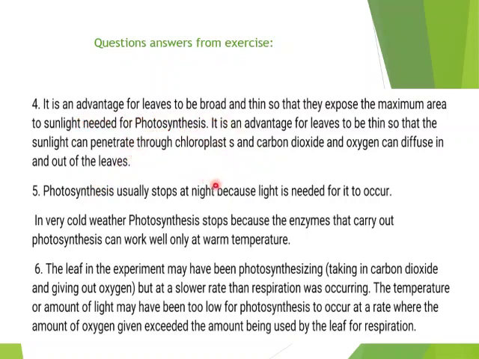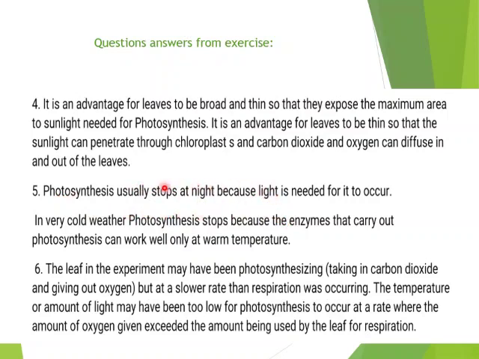Now question number 5 is, why does photosynthesis usually stop at night or in very cold weather? We have studied the factors which control the rate of photosynthesis. You know very well that if light is there, photosynthesis is there.